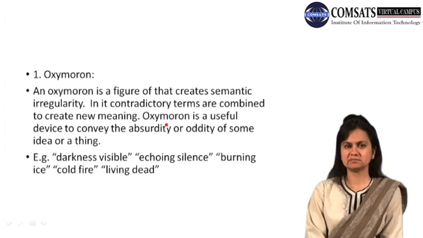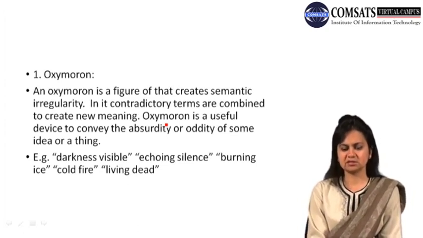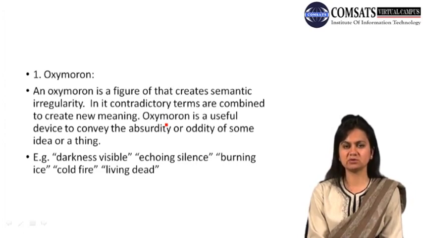Oxymoron is a literary device or a figure of speech that creates semantic irregularity in a text, in which certain contradictory terms are combined to make a new statement or give a new sense or meaning. So in oxymoron, a figure of speech is used to turn the meaning, and it is combined with other contradictory terms to give another meaning. We call it oxymoron.